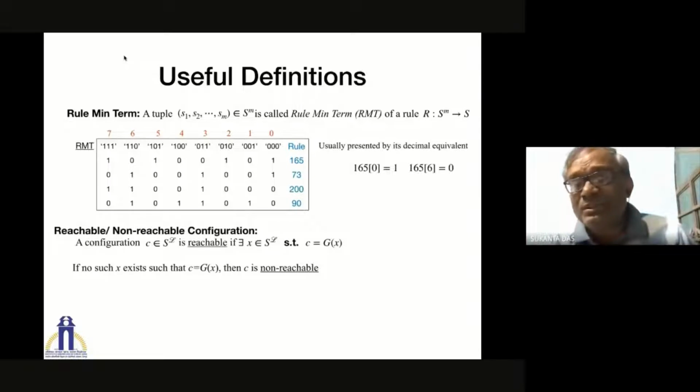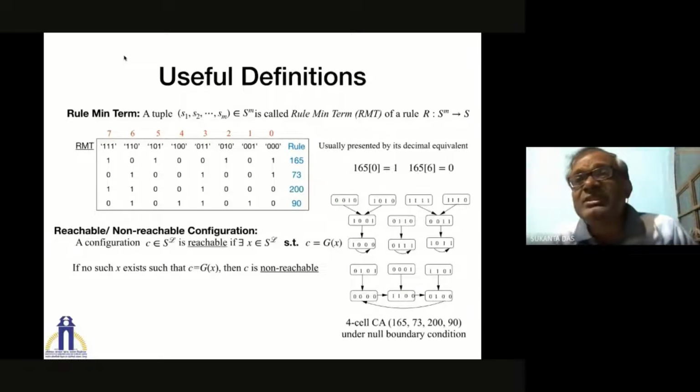Well, I take an example. This is a transition diagram of a 4-cell CA with rule vector 165, 73, 290. Right? So this is null boundary condition. This is the transition diagram, and you can notice here that the top leftmost configuration 0, 0, 1, 0 has no predecessor. So this configuration is a non-reachable configuration.